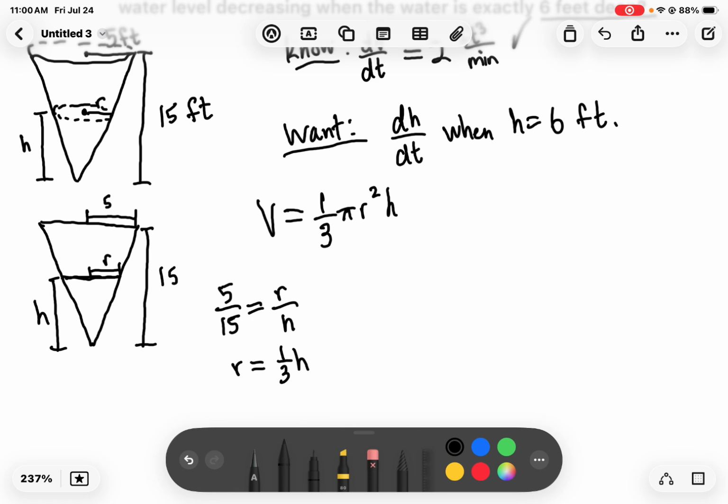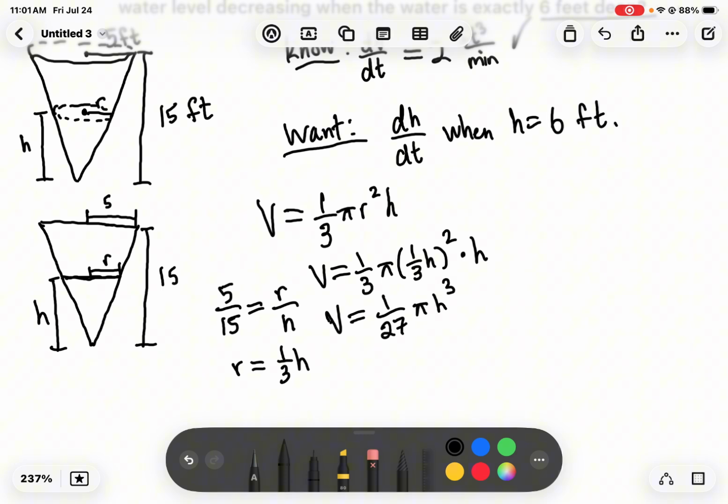Now we substitute this back in. We get V equals 1/3 pi times (1/3 h) squared times h. Simplifying, we have 1/3 times 1/9, so that's 1/27 pi h cubed.